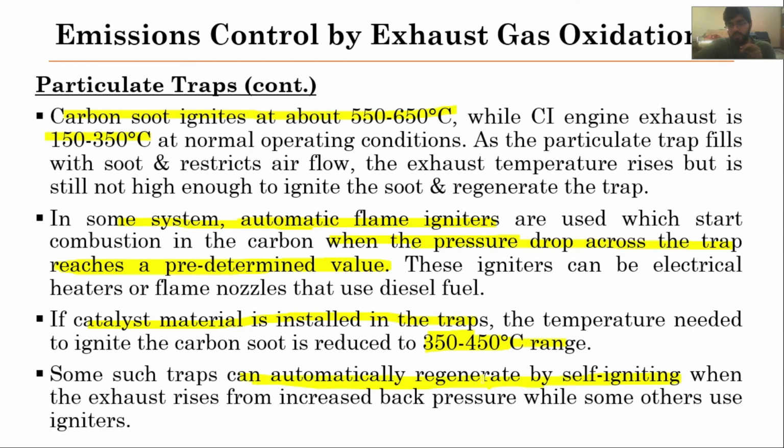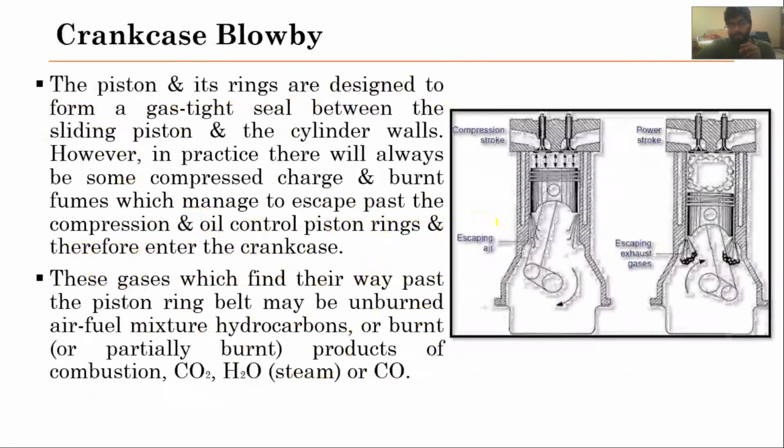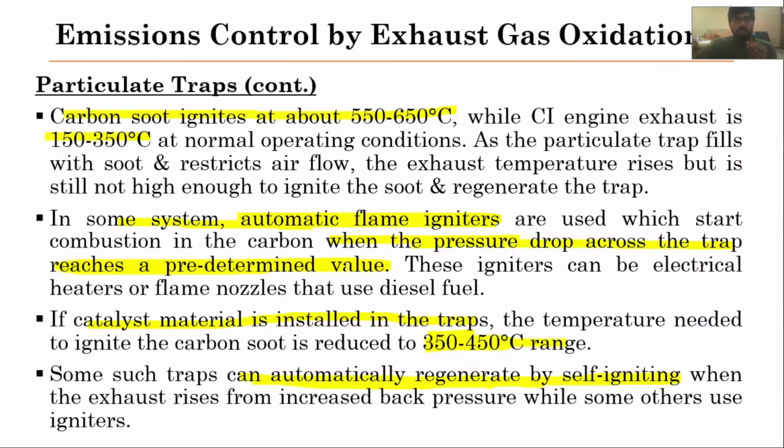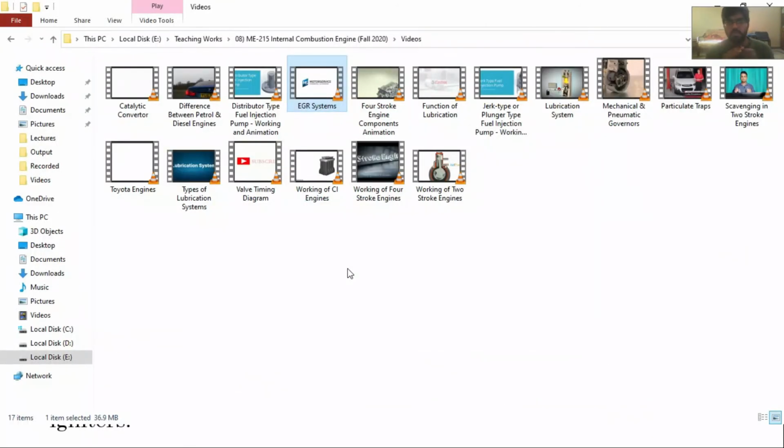So there is another additional system which is employed, and that is the automatic flame igniter system. So again, I will show you another video; this video is regarding the particulate traps.